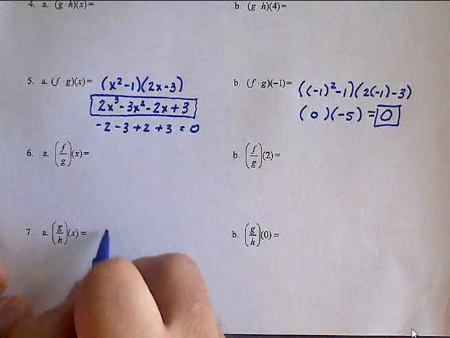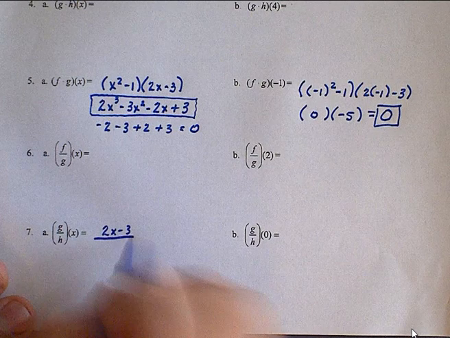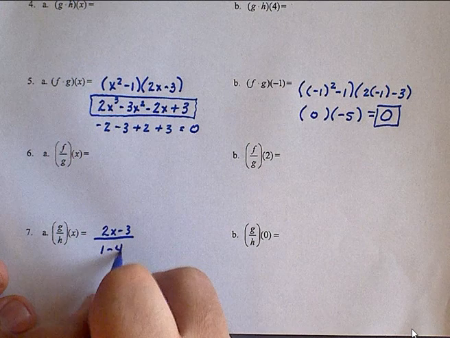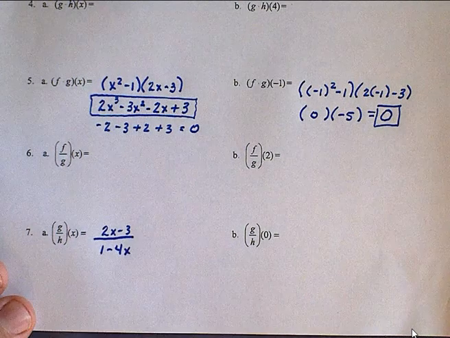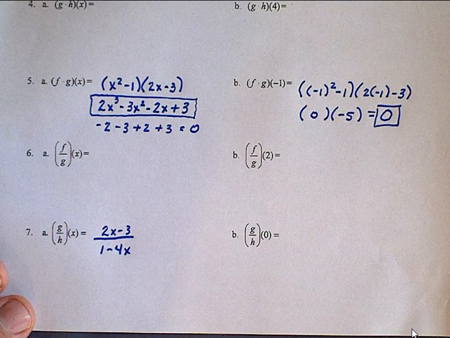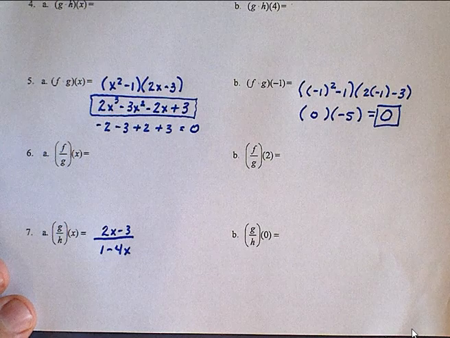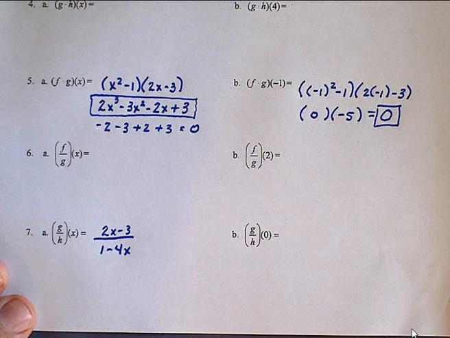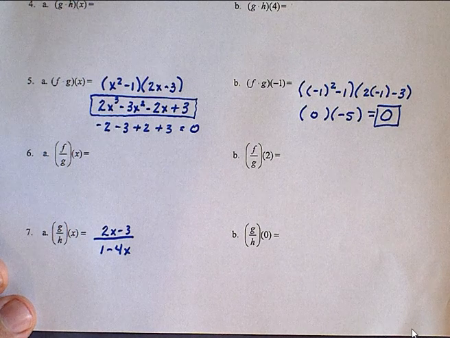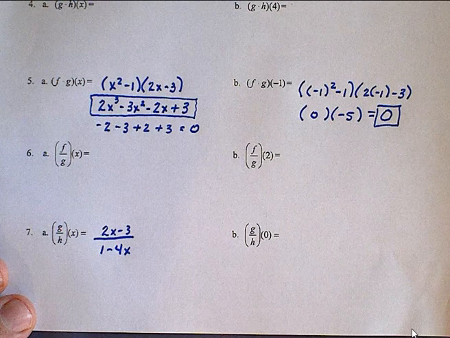G is 2x minus 3. H is 1 minus 4x. Now, you're not allowed to cancel the 2's, 2 and the 4, or really do much of anything. So because there are no common factors in the top and bottom, that's done. That's your answer to part A.